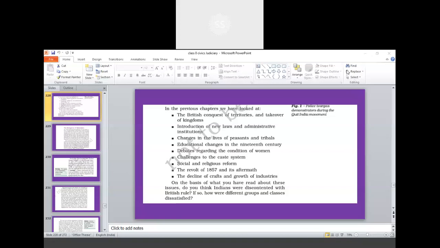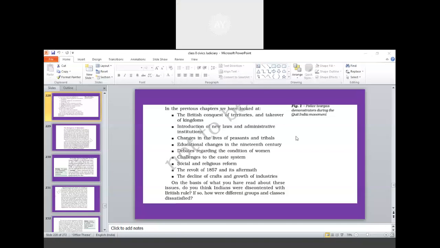British conquest of territories and takeover. Which chapter number? Chapter 2.